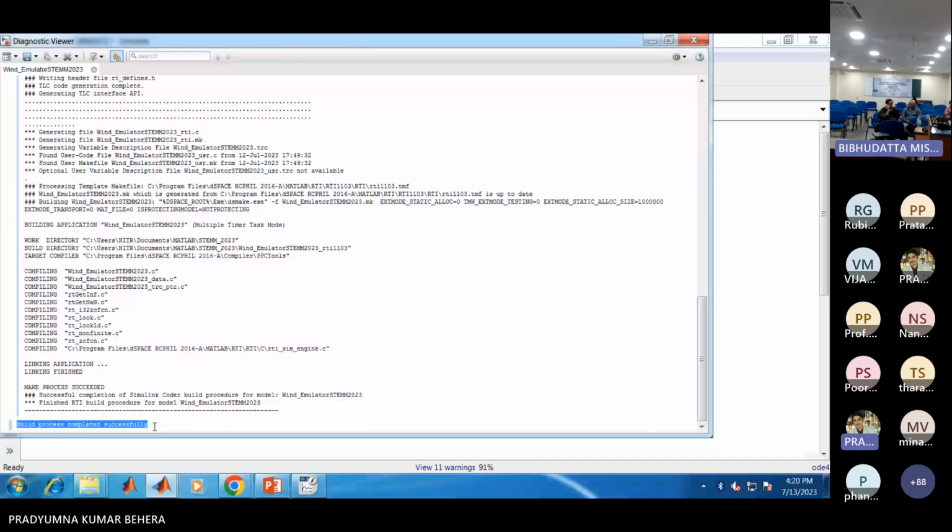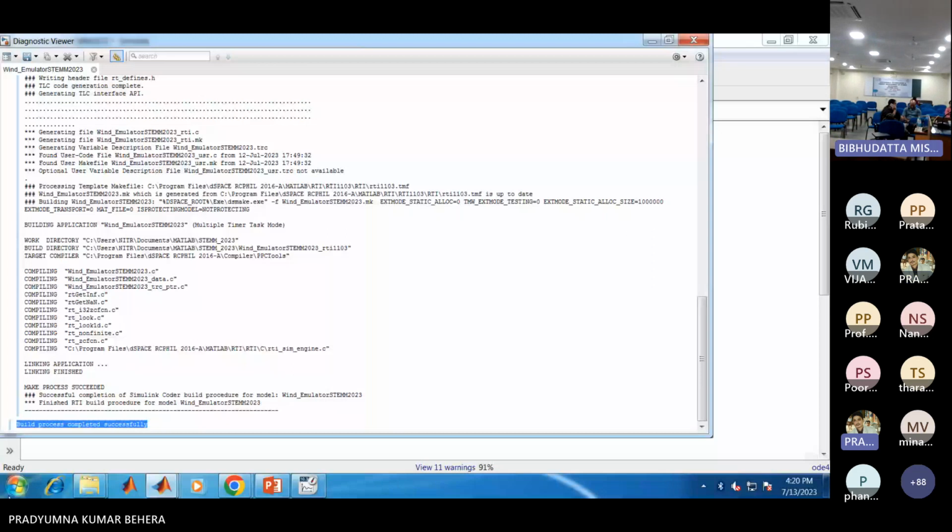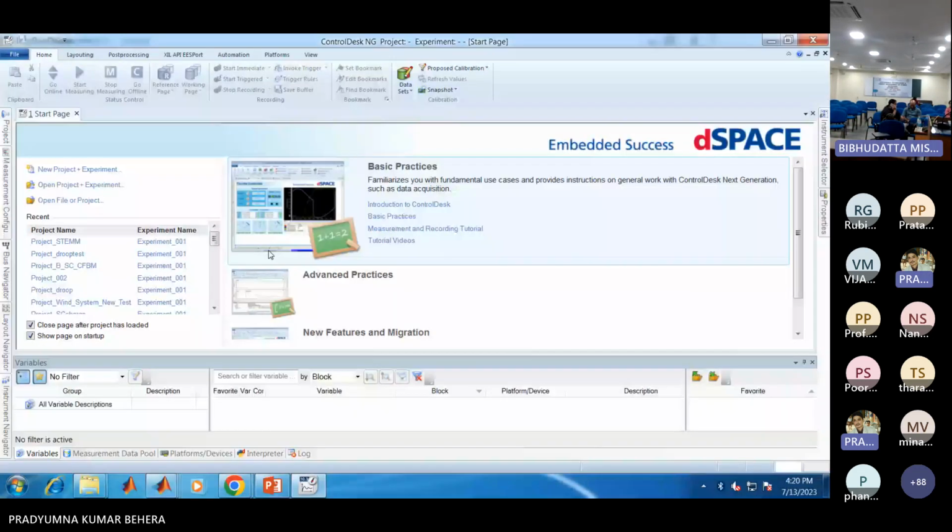After the build process is completed successfully, the next thing is we have to open ControlDesk, which I've already opened here, and we have to create a new project.